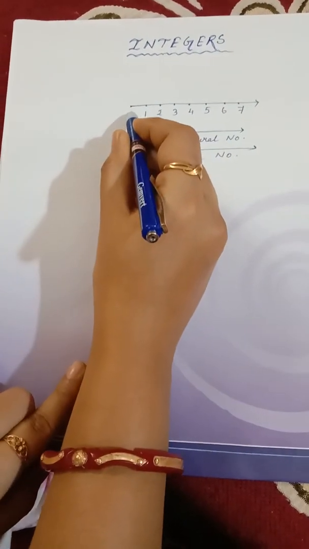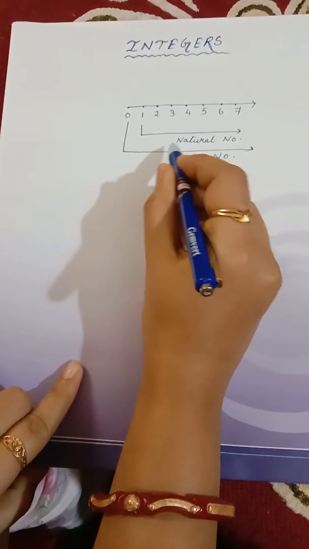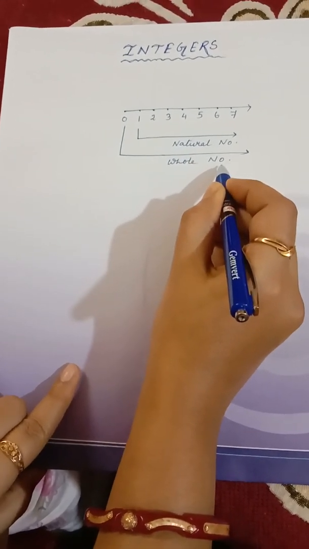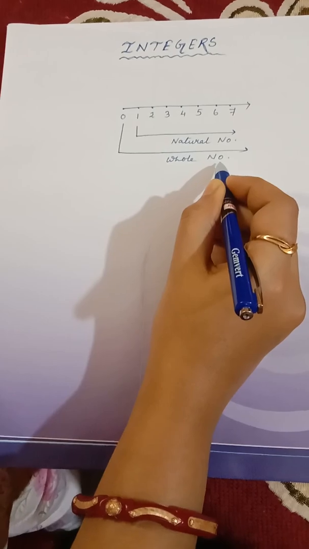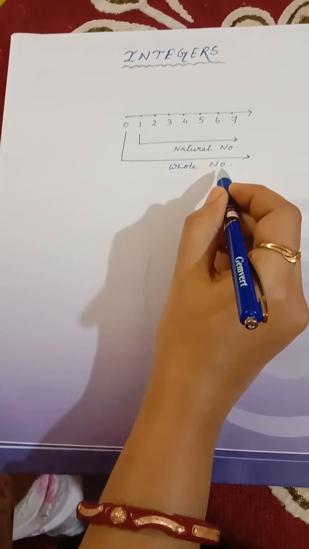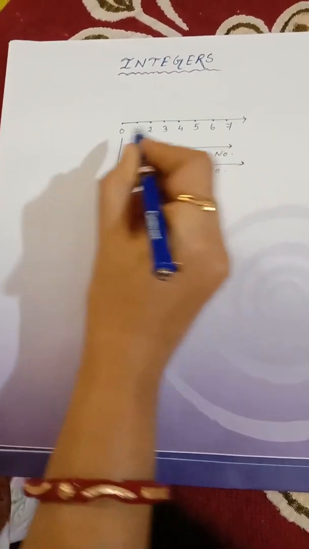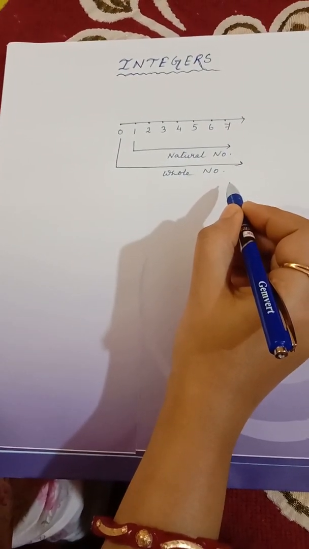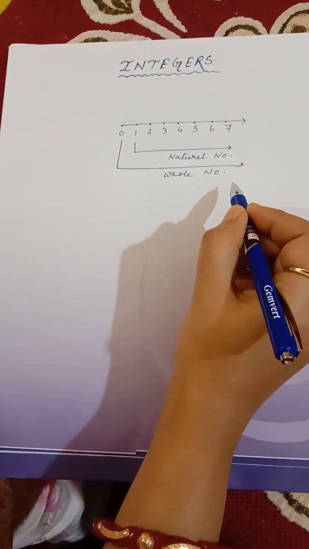If we add 0 to this natural number system, we will get the whole numbers. So we can say that all the positive numbers including 0 are known as whole numbers.